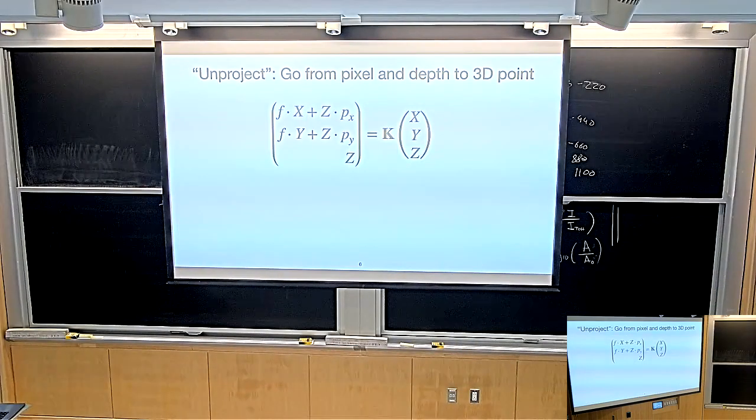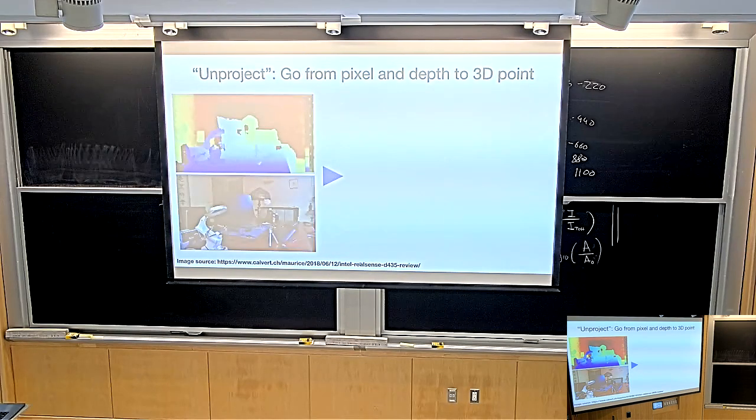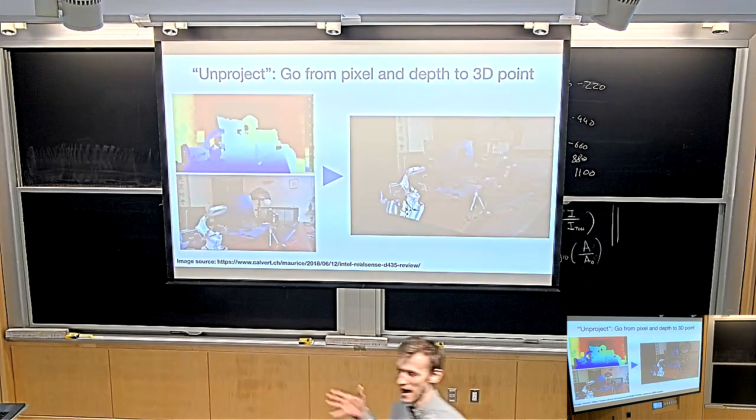The thing that I got confused about on Tuesday was that I looked at this equation and forgot what the px and py were, because there is a convention where px and py are oftentimes the pixel coordinates. But just as a reminder, the px and py are not the pixel coordinates. They are the position of the image center. So they are the offset that you add to the image coordinates. So let's go through this little equation again here. This is the derivation of the unprojecting operator.